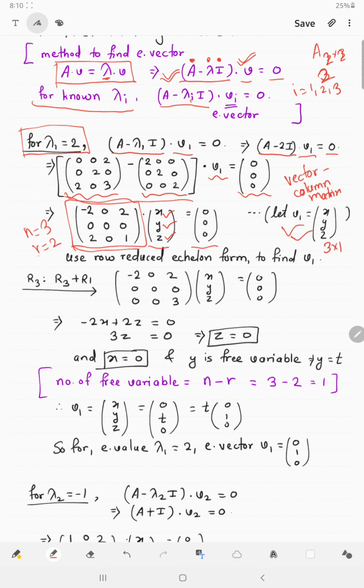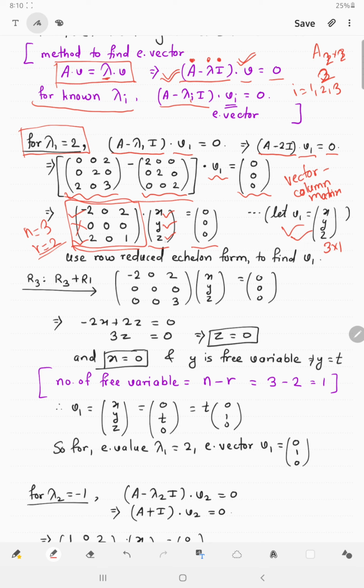And r is the rank of the row reduced echelon matrix. Here the rank is 2. Why 2? Rank is the number of non-zero rows. This is a non-zero row, this is a non-zero row, but this is not because the whole row is 0. So I take r as 2.